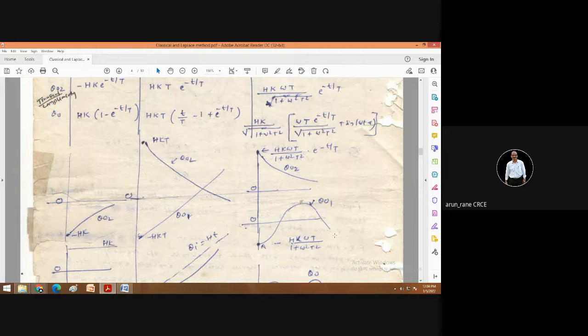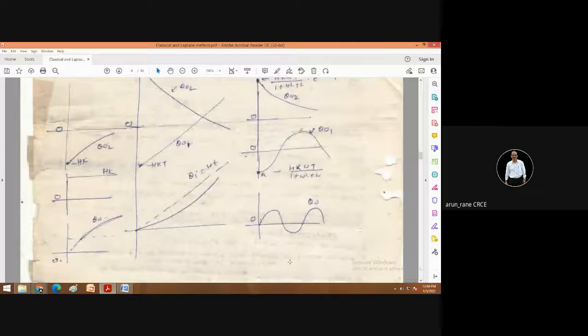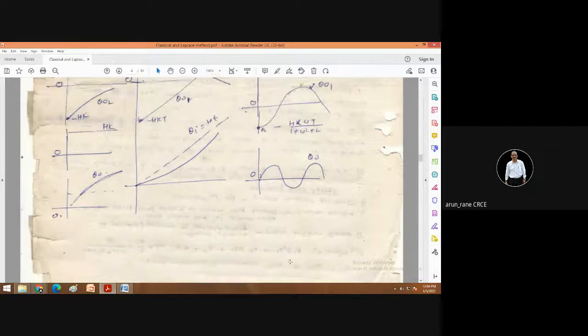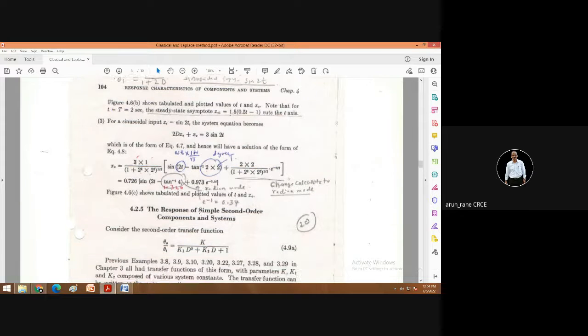On MATLAB you will directly get the graph, and if you are not familiar with MATLAB yet, then you can use graph paper to plot. So you have to plot two graphs. One is your input disturbance, h equal to sine of omega t, that is sine of 2t, and then on that you have to superimpose your output graph. Okay, we'll stop here.